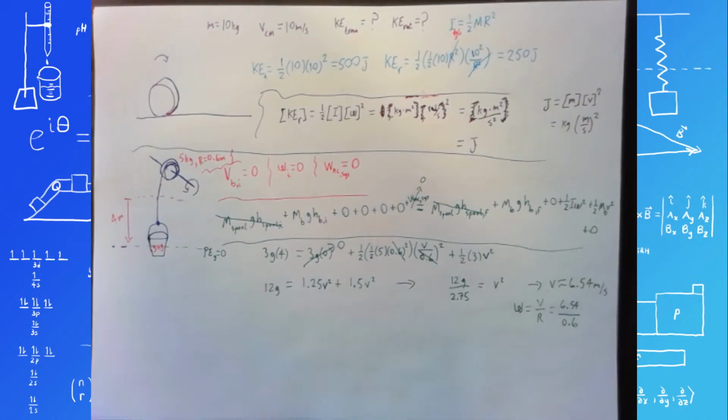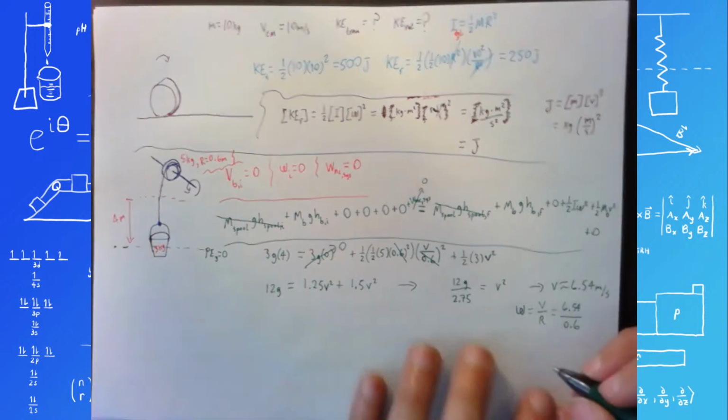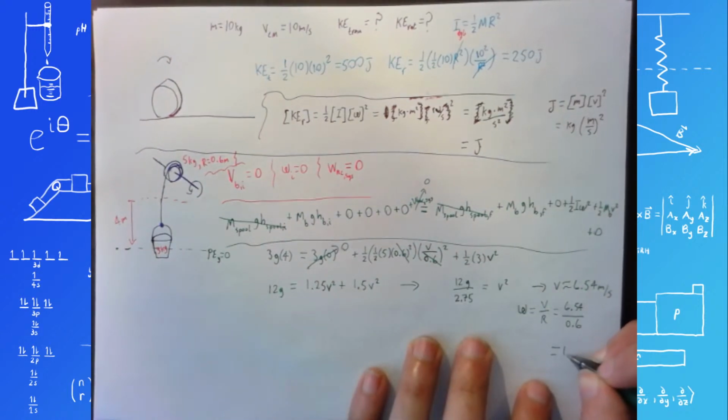And that's going to be 1 point something, 1.09, right? 6.54 divided by 6. Yep, 1.09 radians per second.